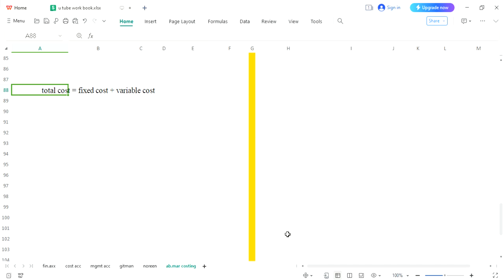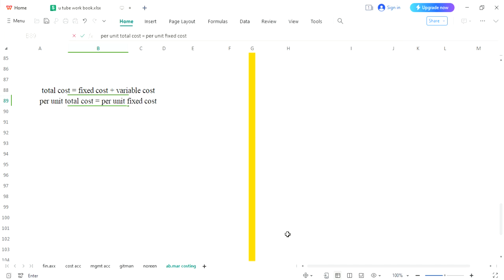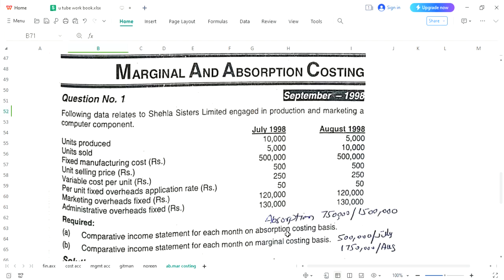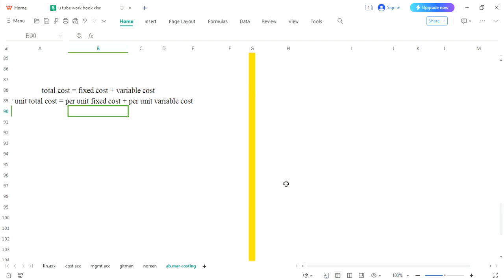And if it is total cost, then you can also calculate the per unit total cost, which is equal to per unit fixed cost plus per unit variable cost. What is given in your question, you can see per unit variable cost is 250, already available, so you will write 250 here, and then you need to add per unit fixed cost.